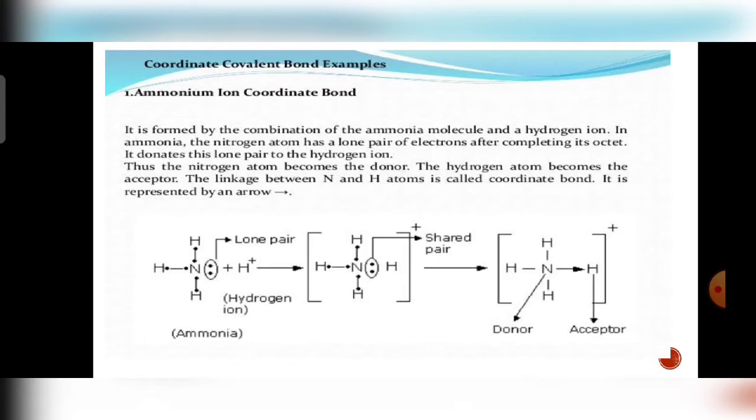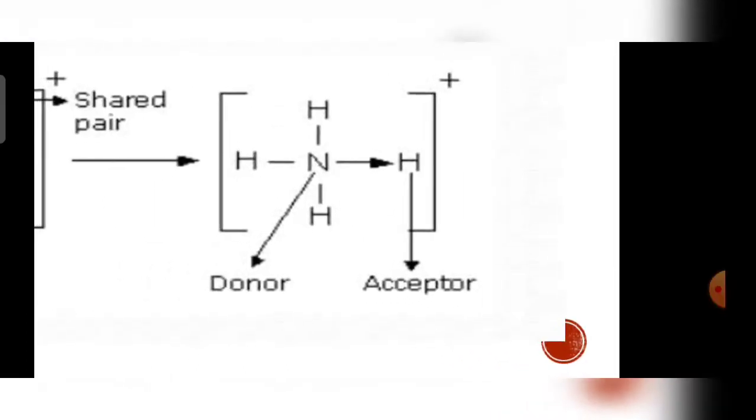Bond formation will occur when one atom has an extra lone pair and the other atom has a deficiency of electrons. The atom with the extra lone pair donates electrons to the electron deficient element and forms a coordinate covalent bond, because ammonia is donating the electrons to a hydrogen atom.